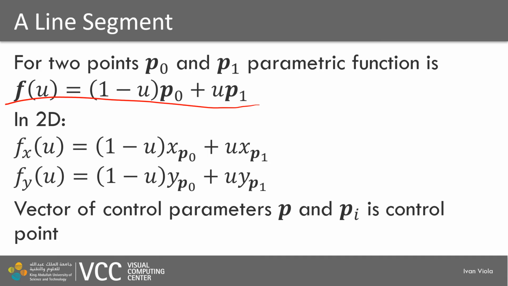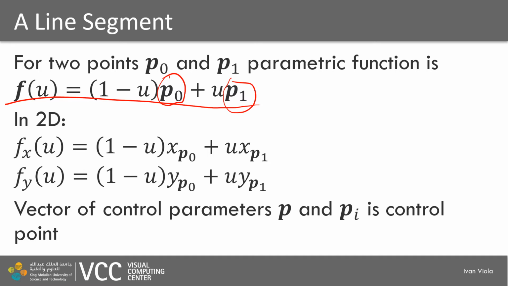We will be familiar with that and can immediately interpret that there is one point P0 from which we start, and then is the point P1, which is the end of our linear segment, and between those two we are smoothly interpolating.